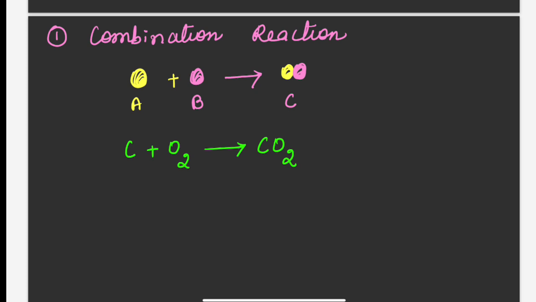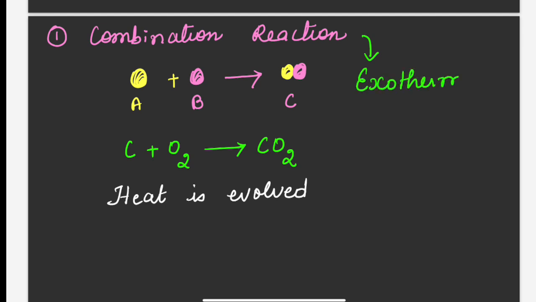During such reactions, a large amount of heat will be given out. So here heat will be evolved or given out. Most of the combination reactions are called exothermic reactions. So you can write most of them are exothermic in nature.